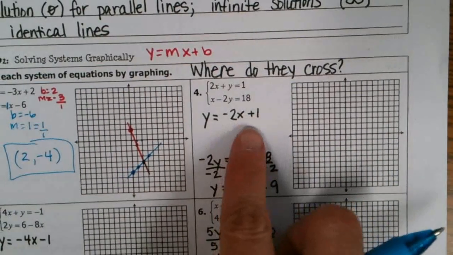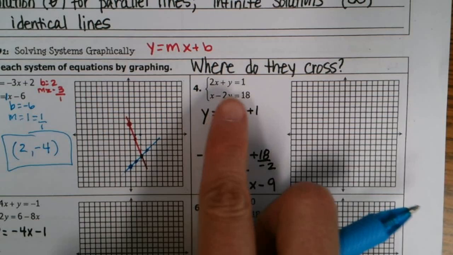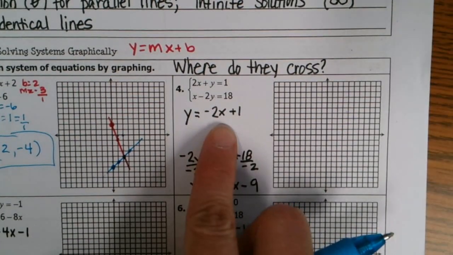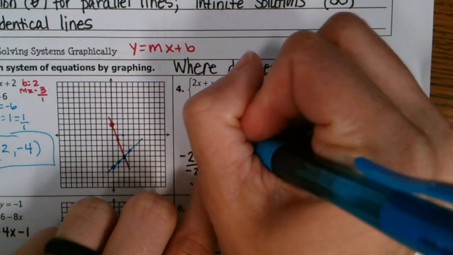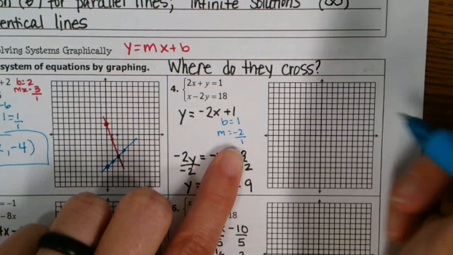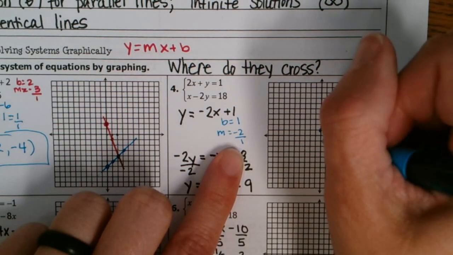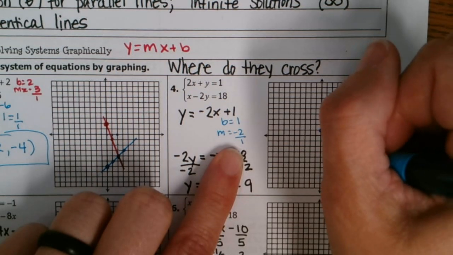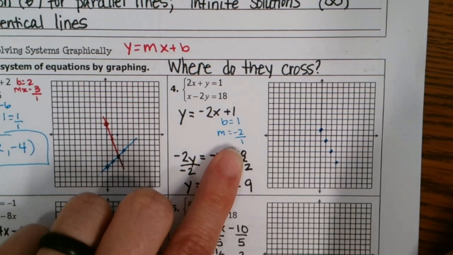Okay. We worked out how to change the equation into slope-intercept form for you first. So we're going to start with our b of 1 and our slope of negative 2, which means negative 2 over 1. So begin at 1, down 2 over 1, down 2 over 1, down 2 over 1.